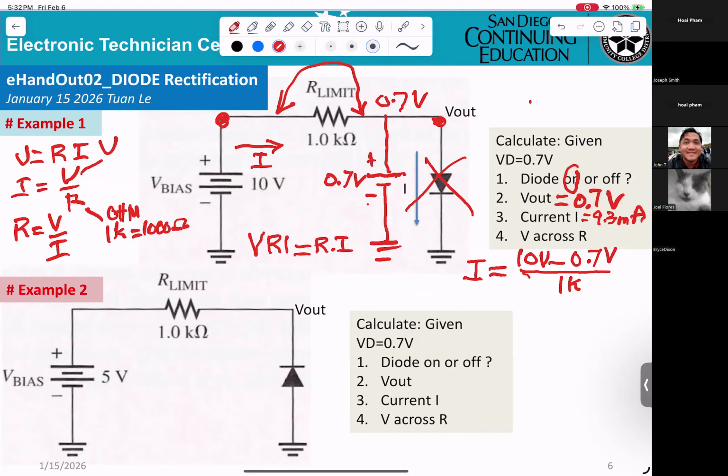Or sometimes you don't have to use this formula. You know this side is 10 volts, this side is 0.7 volt. So the voltage across R will be 9.3 volts.